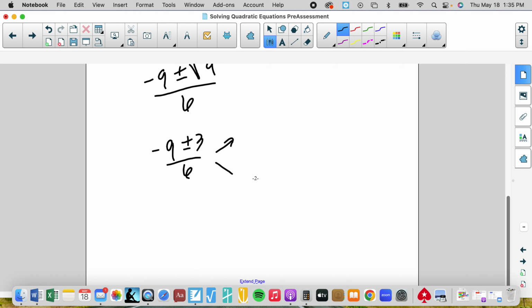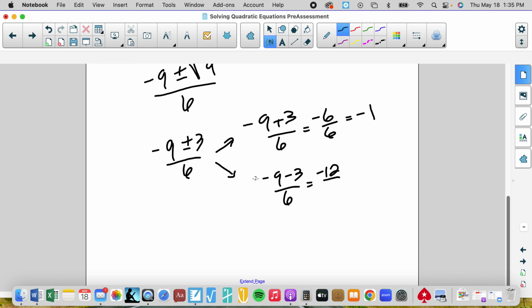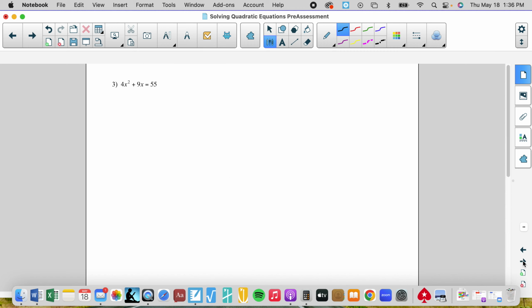Let's separate these into two situations, -9 plus 3 over 6 and -9 minus 3 over 6. -6 over 6 gives me -1. -12 over 6 gives me -2. So my answers are -2, -1, smallest to largest in my solutions.